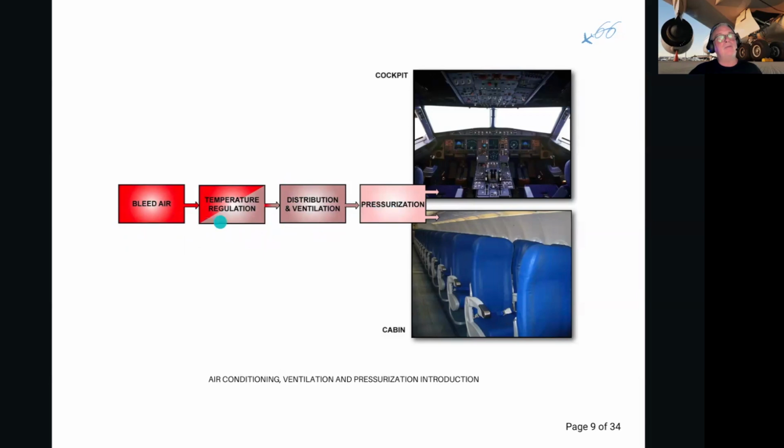These are the different functions that we've got by using bleed air to supply air into the cabin, distribute it, regulate it for temperature, and pressurize the cabin for flight at high altitude. We're just going to go through them slowly and see what we got.